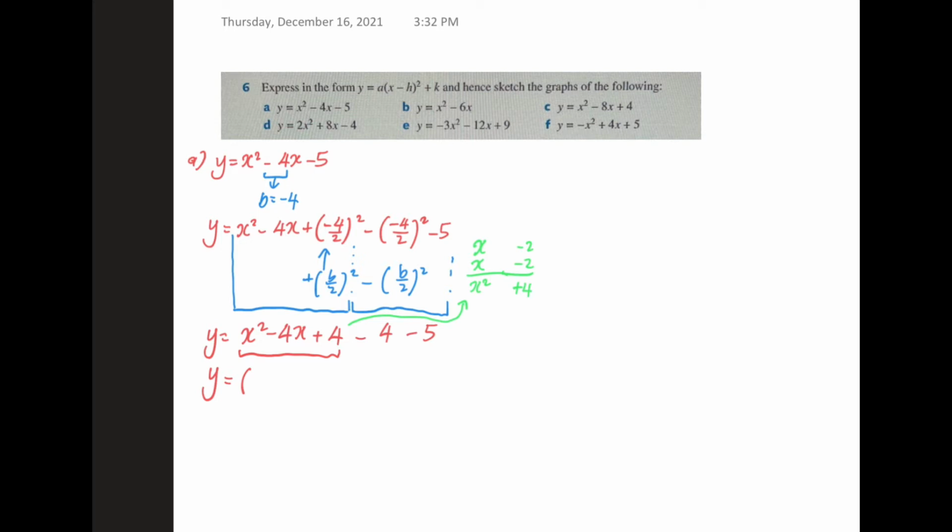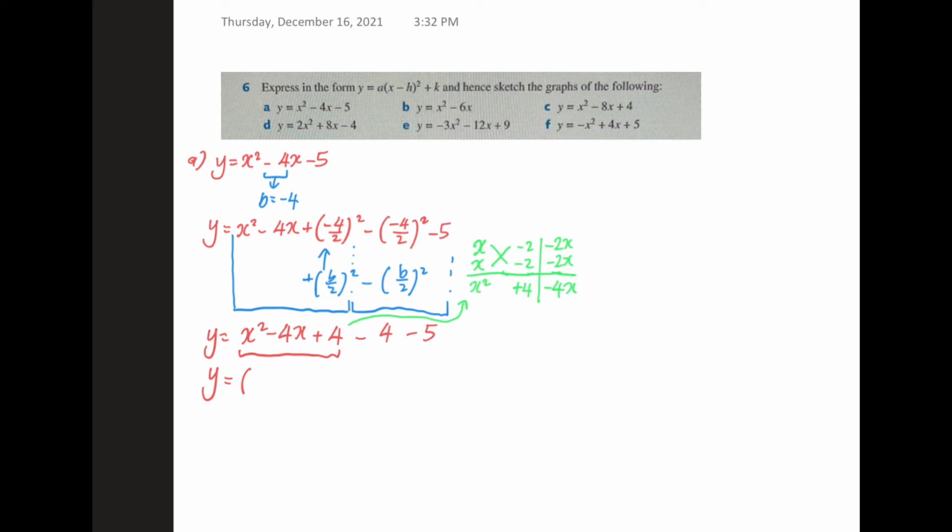Okay, so we will get the factors. Let's double check this way. We cross multiply. x times minus 2, I get minus 2x. x times minus 2 again, I get minus 2x. Then I get minus 4x when I add up. The minus 4x is the term in the middle. You have to make sure that happens here.